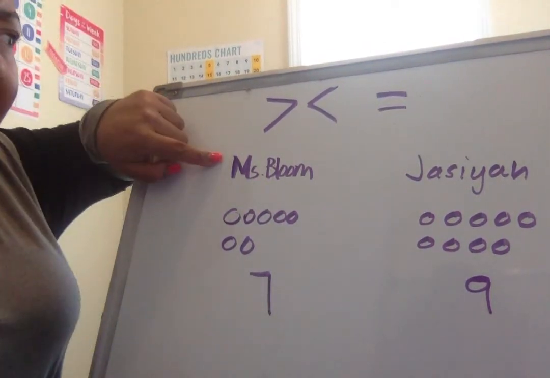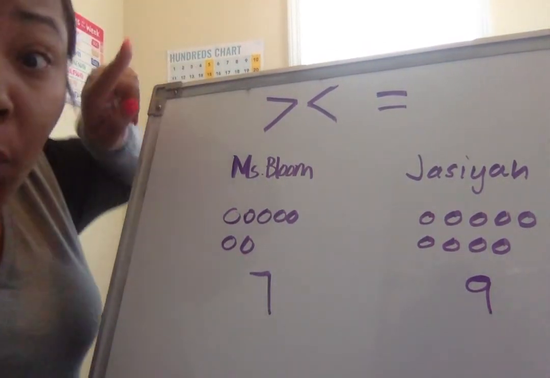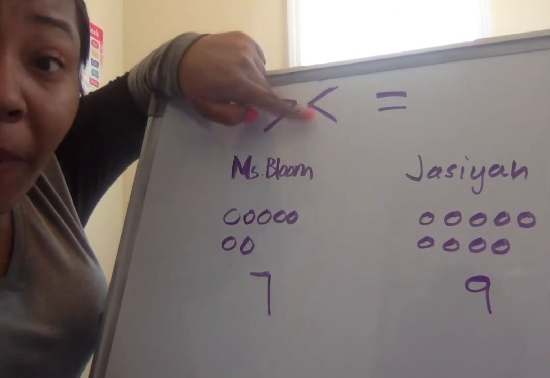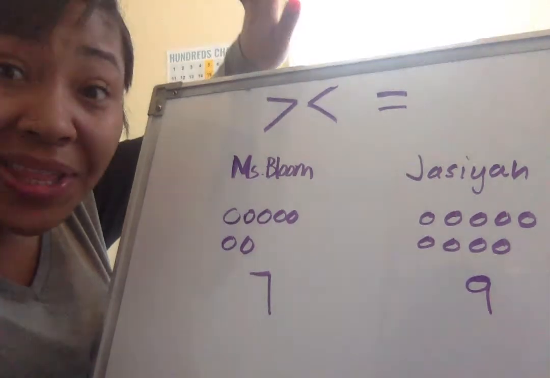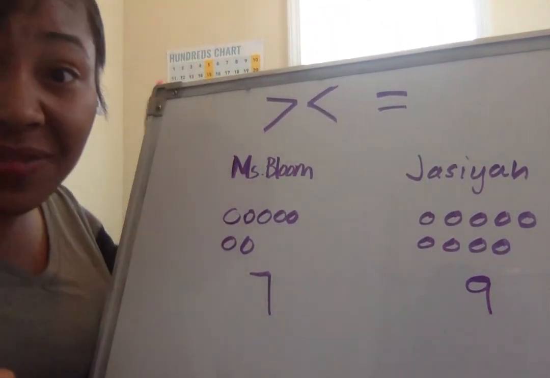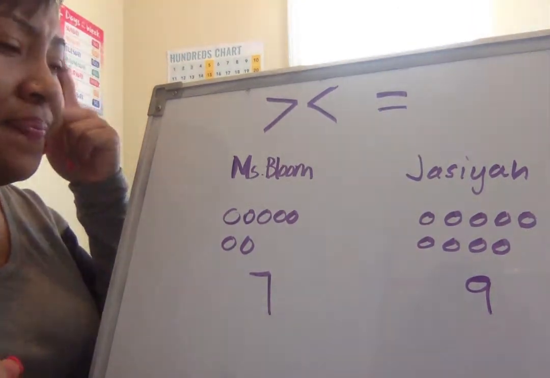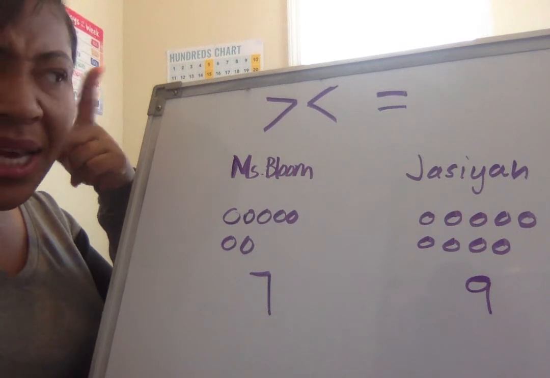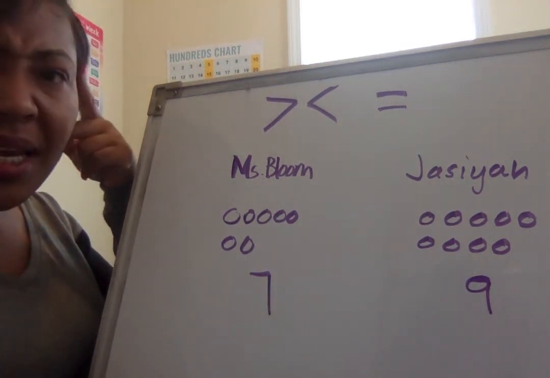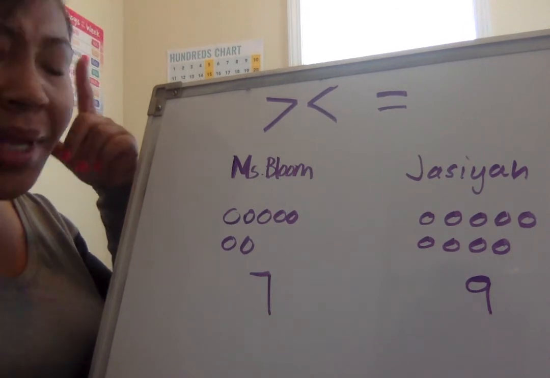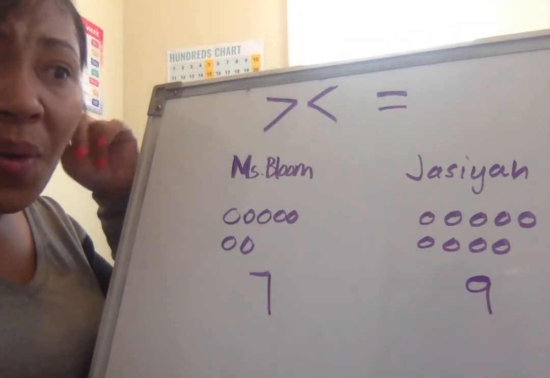Does Miss Bloom have more or greater Skittles than Josiah? Does Miss Bloom have less Skittles than Josiah? Or do we have the same amount of Skittles? Is 7 greater than 9? Is 7 less than 9? Or 7 equals 9? On the count of 3, you're going to shout it out.